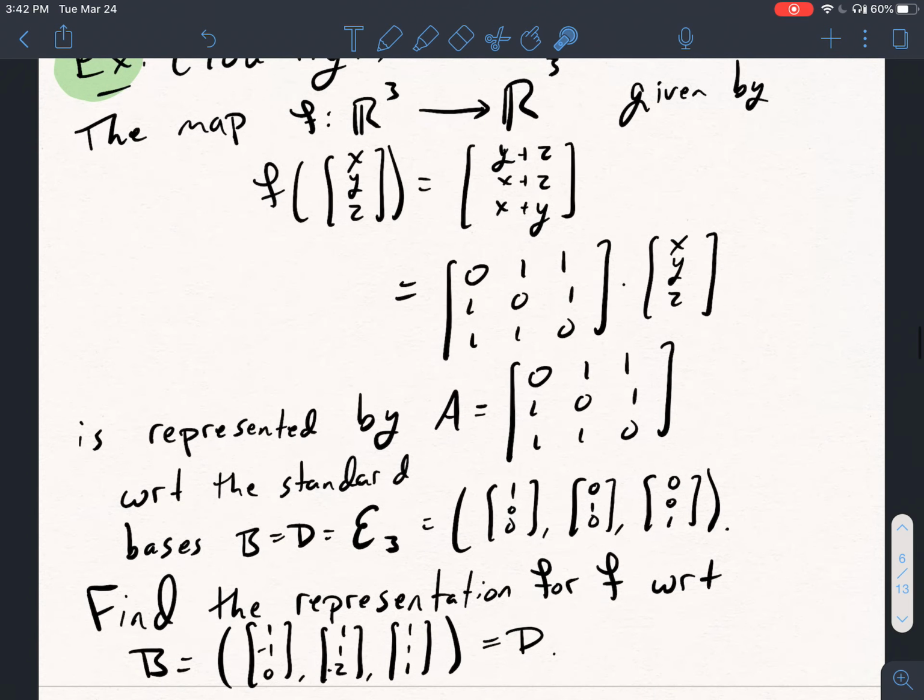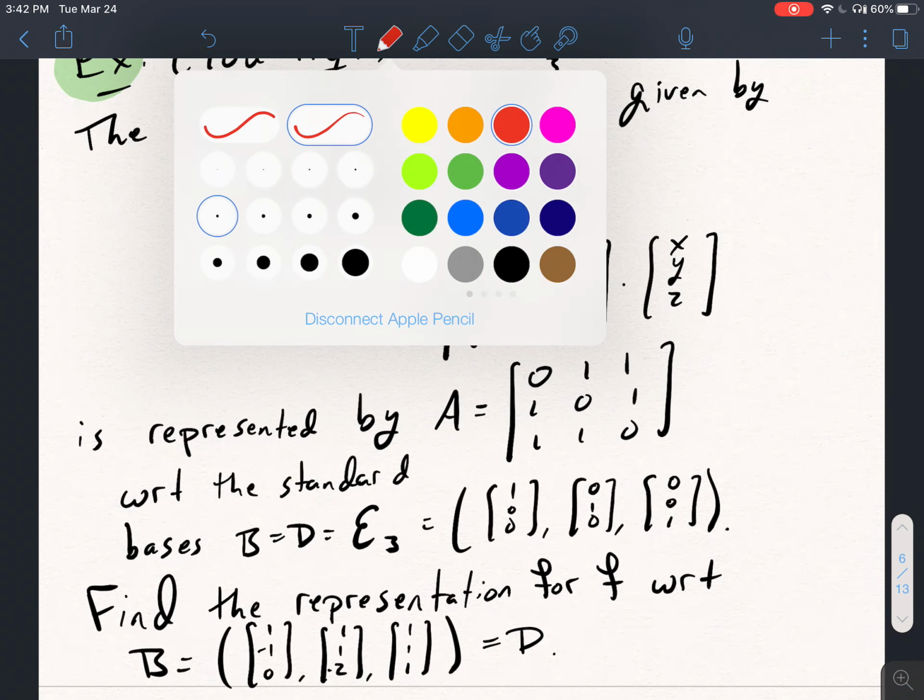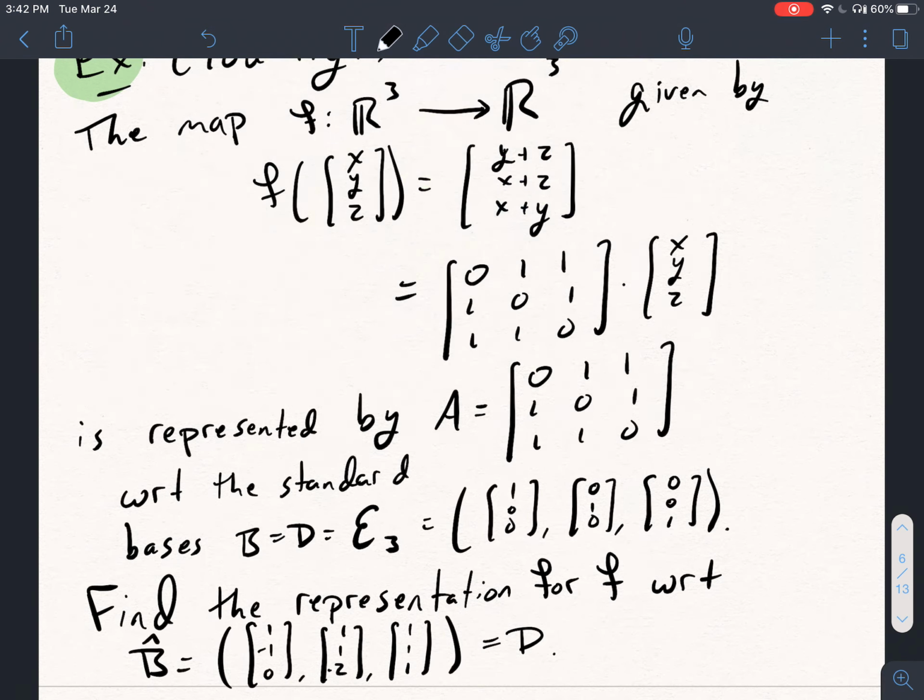Oh, these should be hats. B hat and D hat. So I want you to find the representation for F with respect to B hat and D hat, both equal to this basis right here.